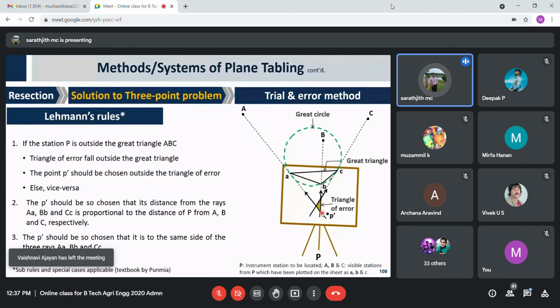Suppose, imagine for the time being, the distance of this particular station to point A is higher, then you choose this point somewhat closer to this line. So in the next one, you will have less error along this particular line.